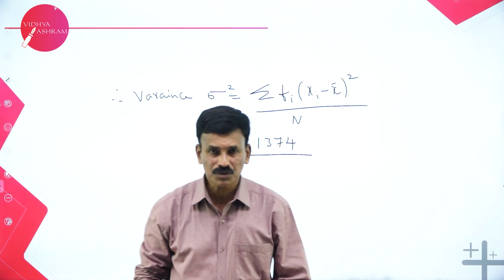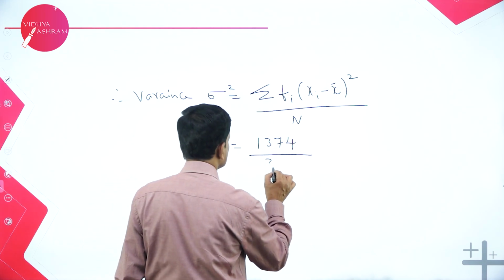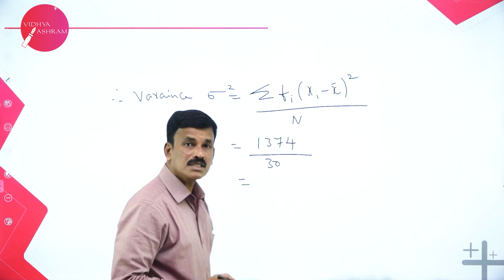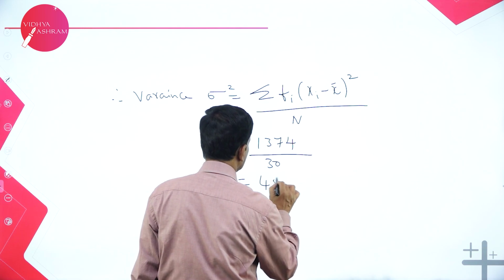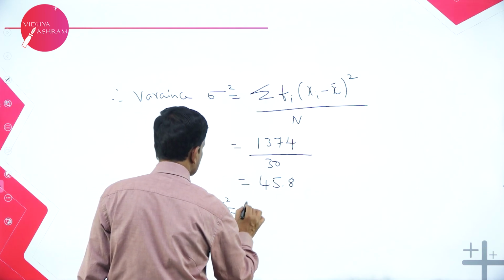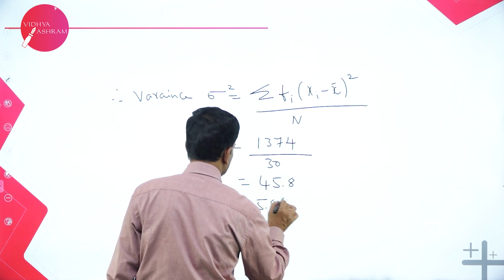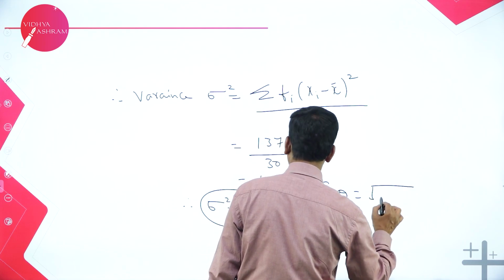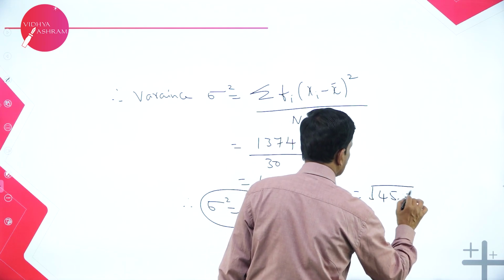What is n equal to? N here is 30. So if you divide 1374 by 30, this is nothing but 45.8. So therefore, the variance rho square is equal to 45.8 and the standard deviation is equal to the square root of 45.8.